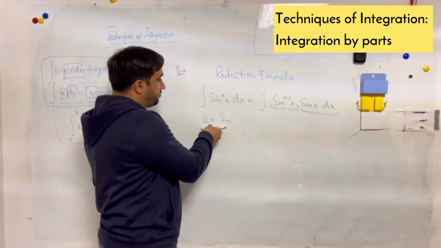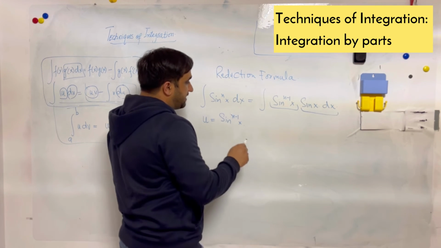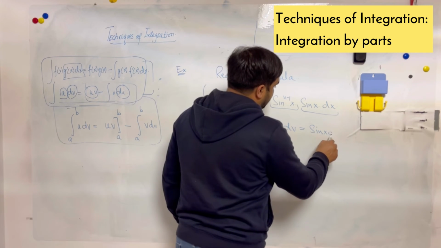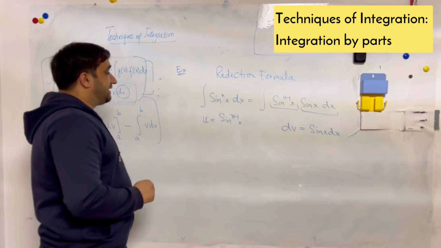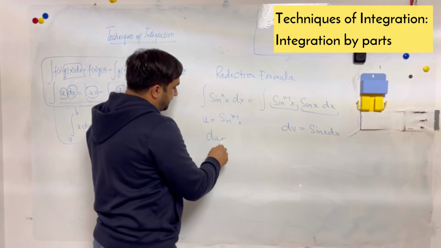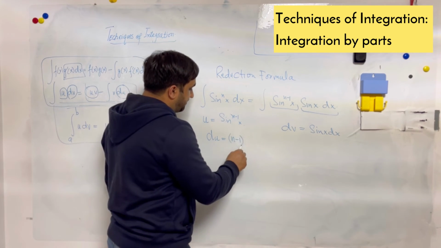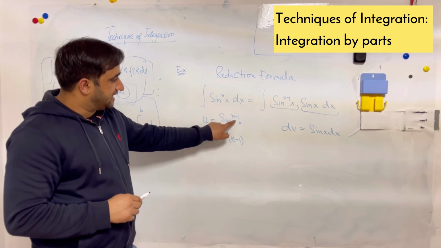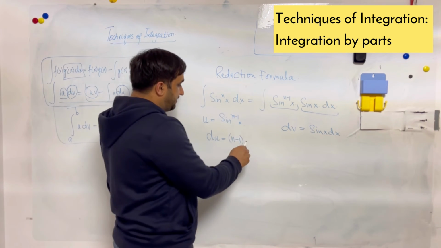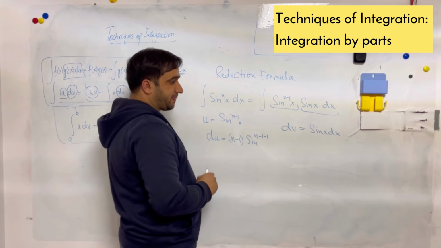Now if I assume u is equal to the first person sine n minus 1x and the rest of the thing is dv, sine x dx, then the derivative of this will be du, and according to the power rule it will be n minus 1. This guy will come here and this function will have 1 less than this power. So the sine will have n minus 1 minus 1.